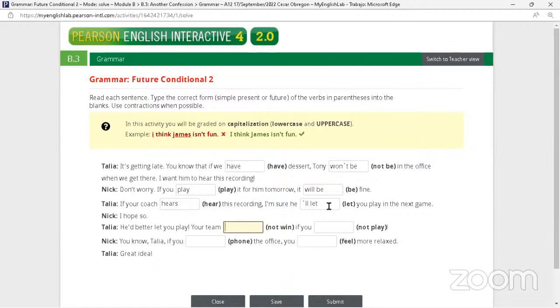Remember, this is third person. I hope so. He better let you play. Your team won't win if you don't play.